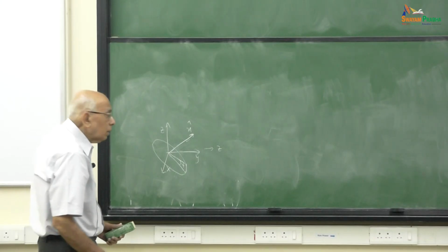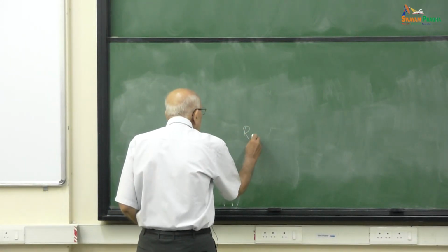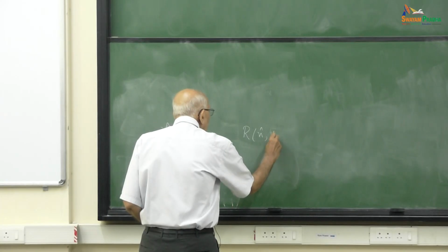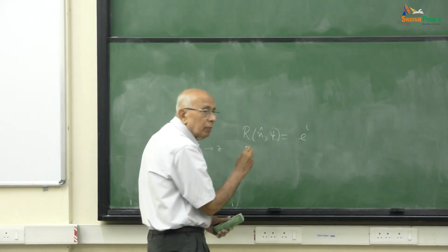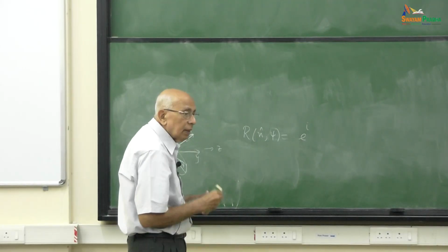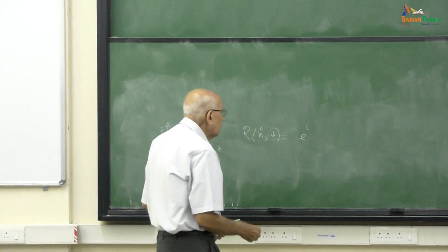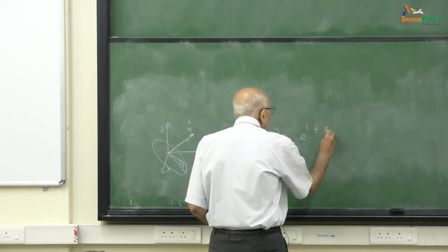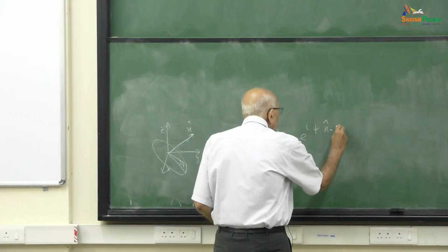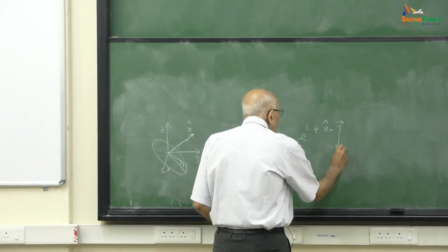Then it turns out that the rotation about this unit vector through an angle psi can be written as e to the power i, always e to the power i or minus i depending on your convention, times psi times n dot J, the generator of rotations.